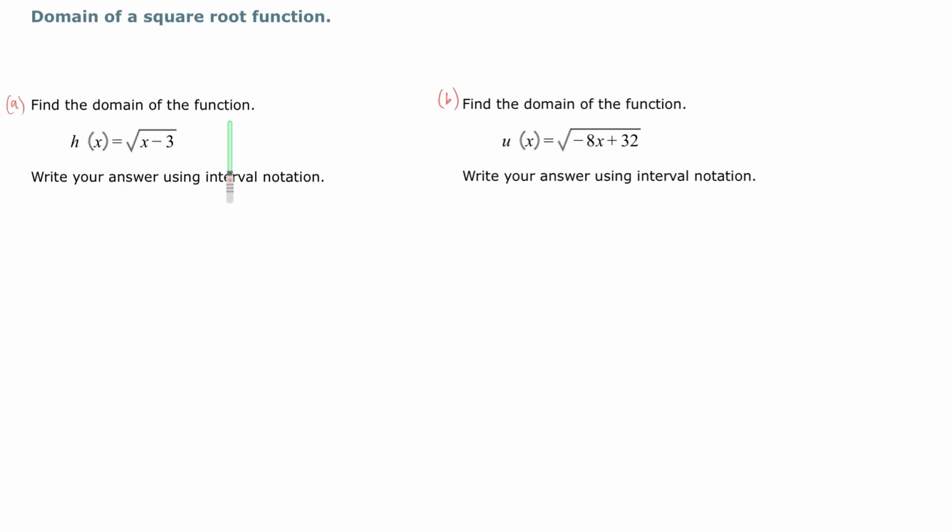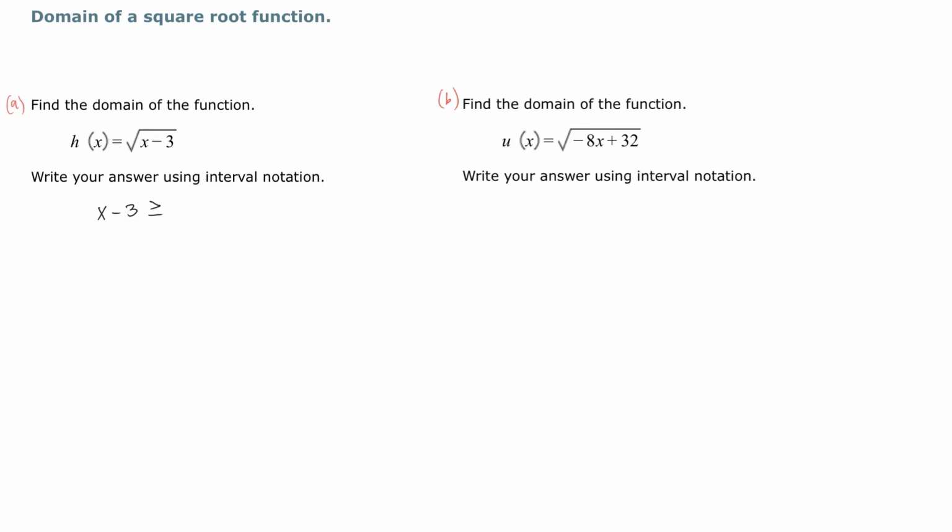Find the domain of the function h of x is equal to the square root of the quantity x minus 3. Write your answer using interval notation. For these types of functions, you just got to remember that you cannot take the square root of a negative number. In fact, we can only take the square root of numbers that are positive or equal to 0. And the way we write that is use the greater than or equal symbol.